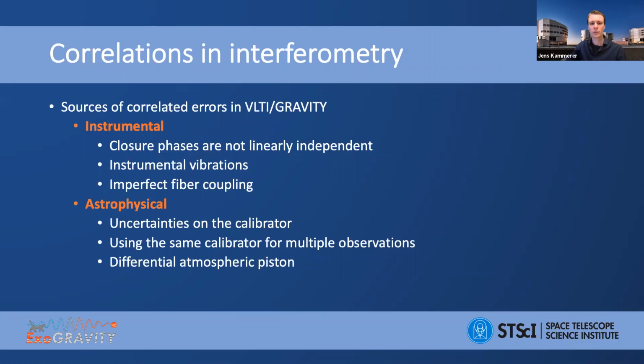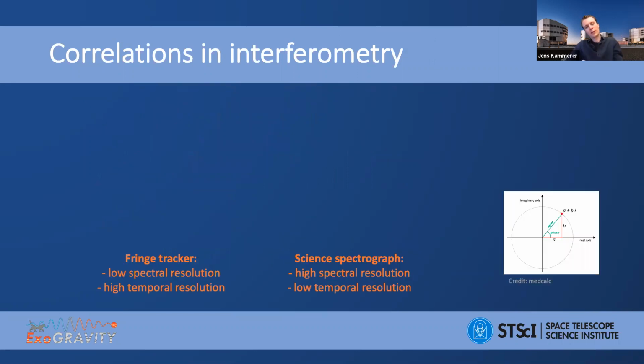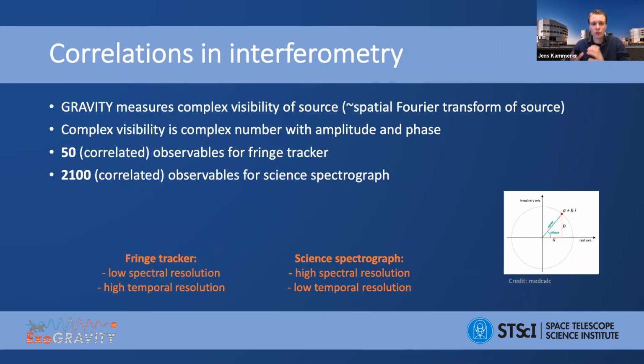So during my ESO studentship, I was trying to understand what kind of correlations are present in the GRAVITY data and how we can mitigate their impact on the detection limits. And as I said, there are two interferometers for GRAVITY: the fringe tracker and the science spectrograph. Because the fringe tracker operates at a much higher temporal resolution, we have about 40 to 50,000 frames of data for a usual GRAVITY data set.